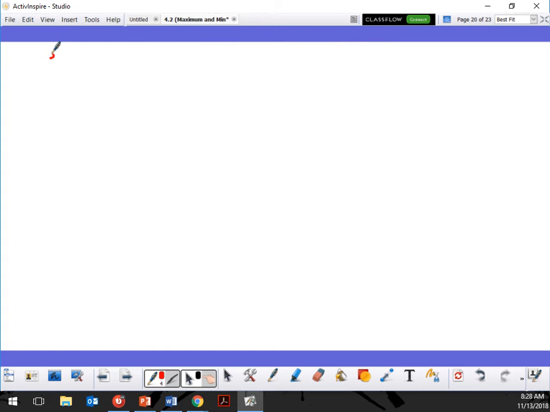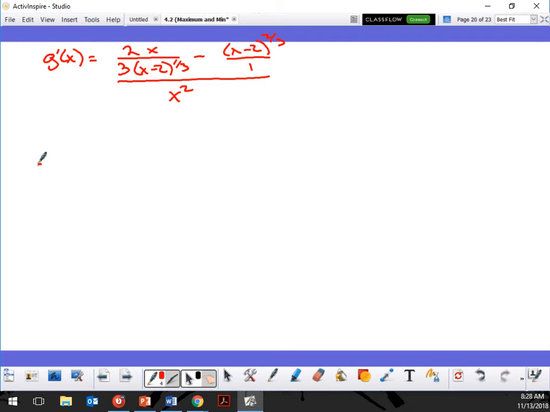So g prime of x was 2x over 3 (x minus 2) to the 1/3, minus (x minus 2) to the 2/3 over 1, divided by x squared, like that, okay? Again, my domain was 1 to 10, on a closed interval.